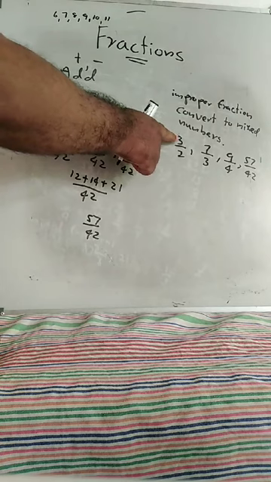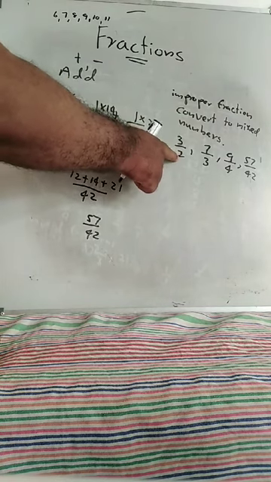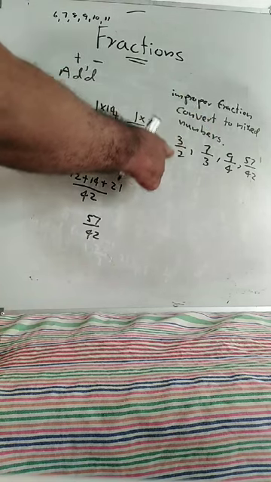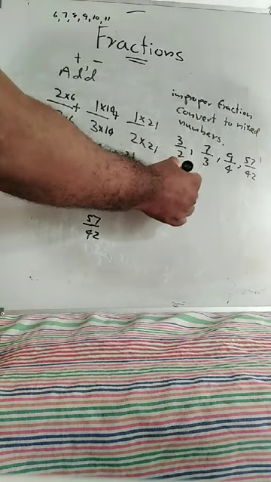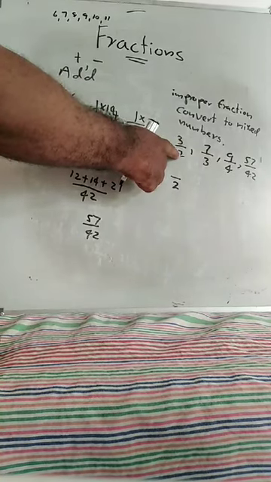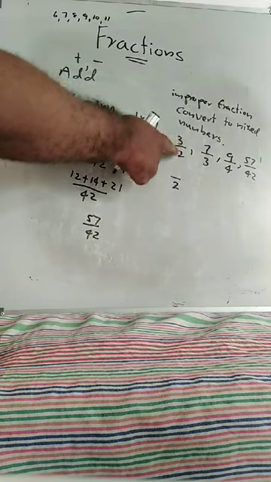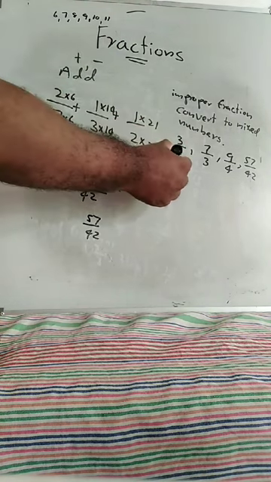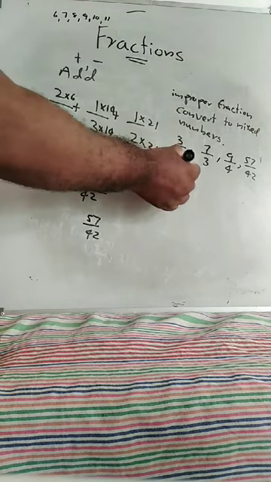Here you can say numerator, denominator. The denominator is 2. When you convert them into a mixed number, this is an easy method. Write the denominator 2. Now, 3 divided by 2 is 1 and remainder 1.